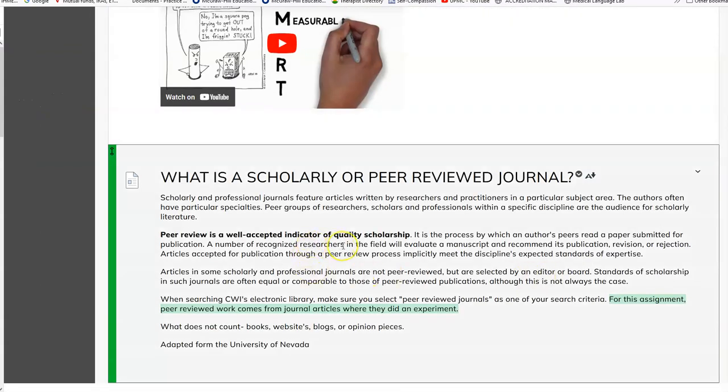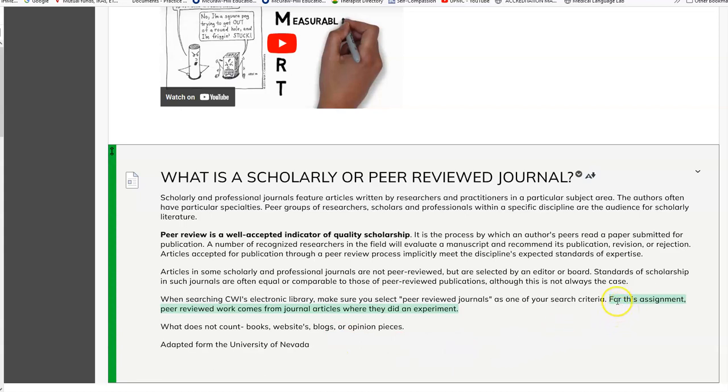scholarly or peer-reviewed journal. Harvard Health, Mayo Clinic, MedSource, all of these do not count. These would be considered websites or blogs. Even if they are academically founded, they are not what you can utilize in this paper.